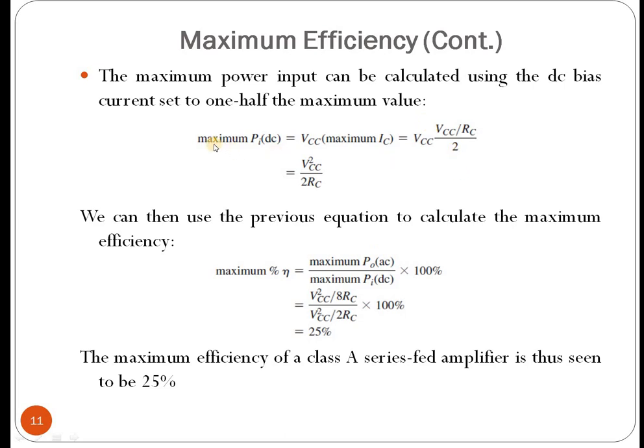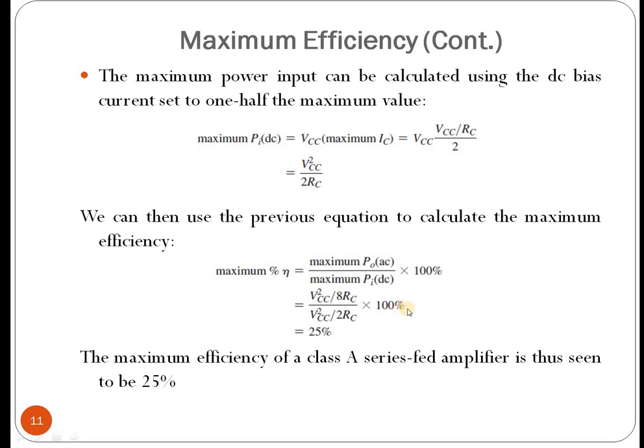Now the maximum input power PI can be calculated using the DC bias current. PI DC equals VCC times maximum IC, which is VCC times VCC by RC by 2. So the final equation will be VCC squared by 2 RC. Finally, the maximum percentage of efficiency is equal to maximum output power AC divided by maximum input power DC times 100%.